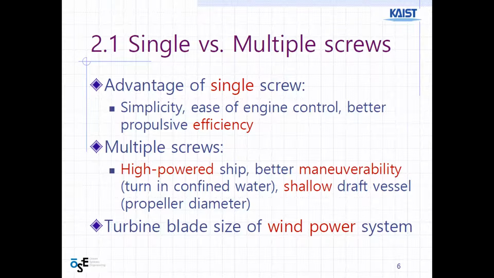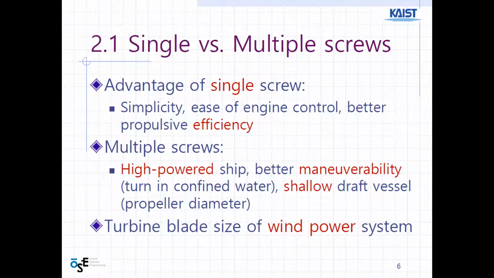So it is easy to control the engine, and it has better propulsion efficiency due to small energy loss.